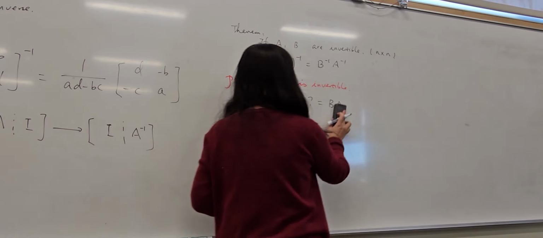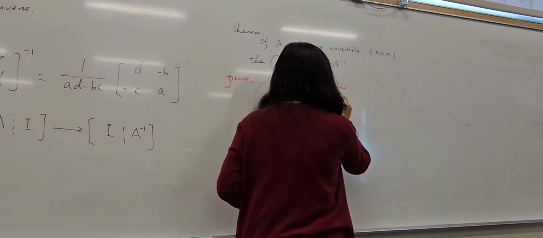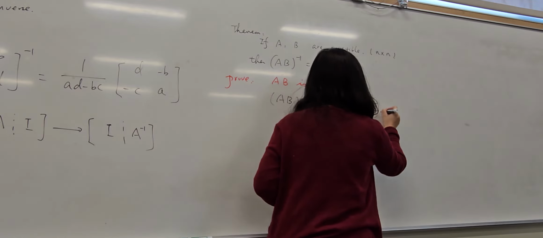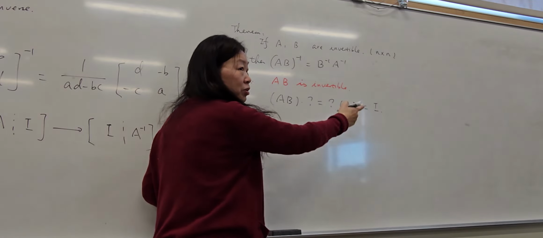So AB multiplied by something equals something multiplied by AB, and this is equal to I. So that's your rough draft.